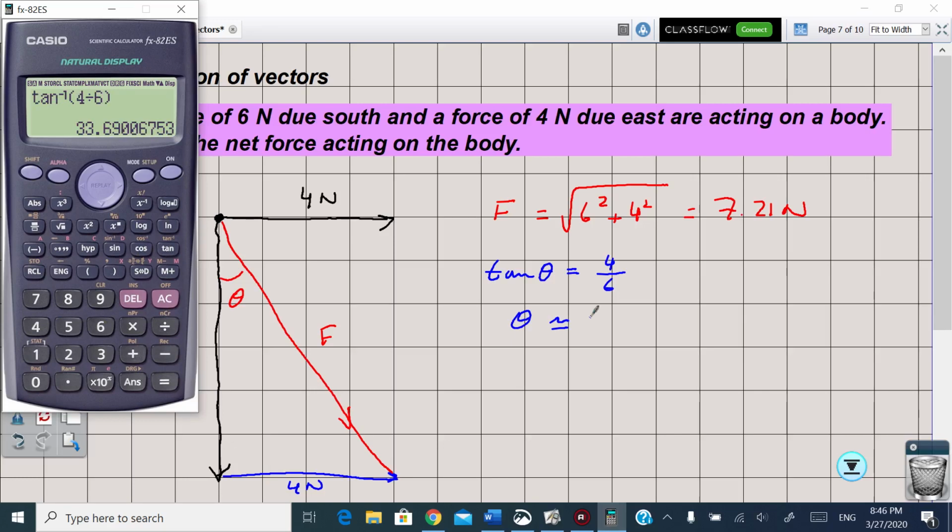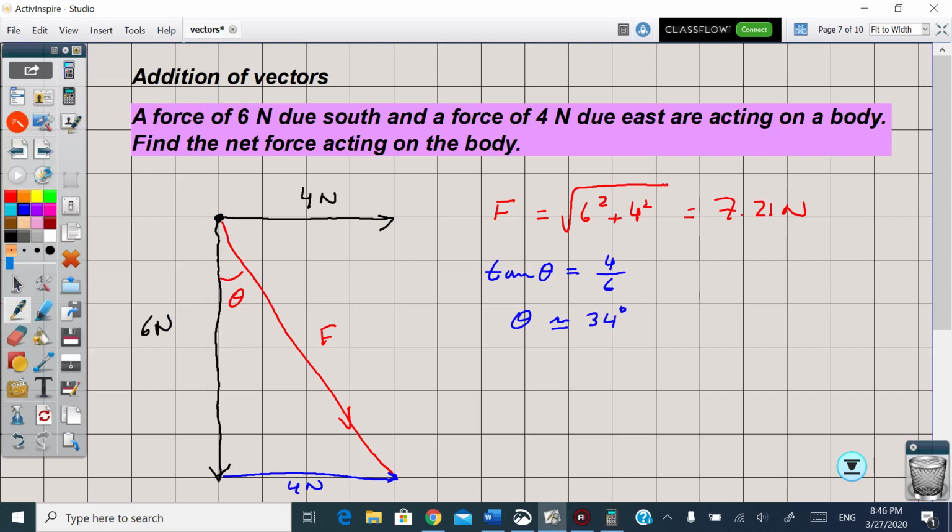So theta equals 34 degrees. So our net force is 7.21 newtons acting at 34 degrees east of south.